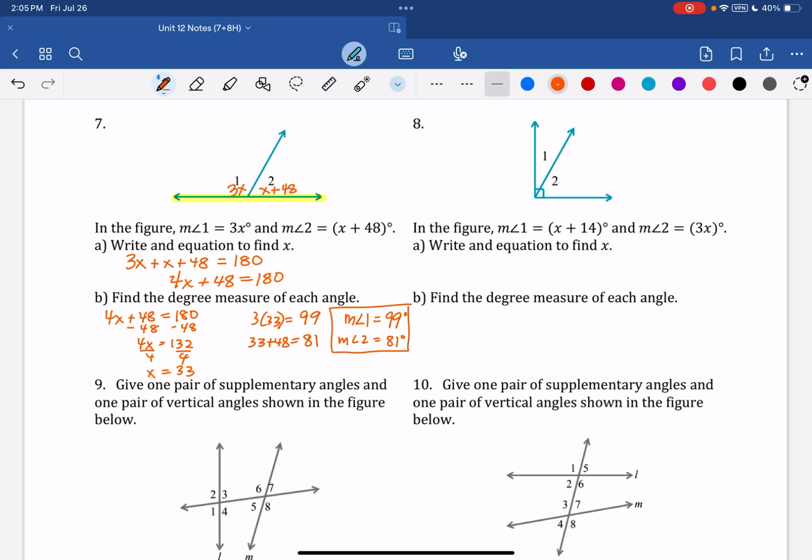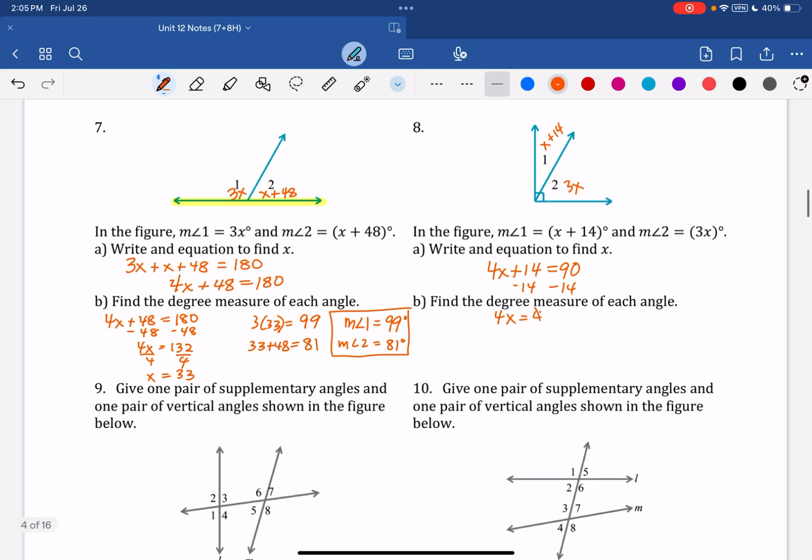Number 8, in the figure, angle 1 is x plus 14, angle 2 is 3x. Write an equation to find x. Well, 4x plus 14, in this case, equals 90. So let's solve. So 4x is equal to 76. Divide by 4.